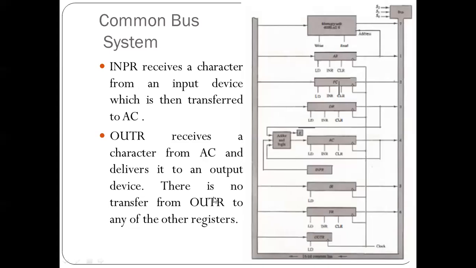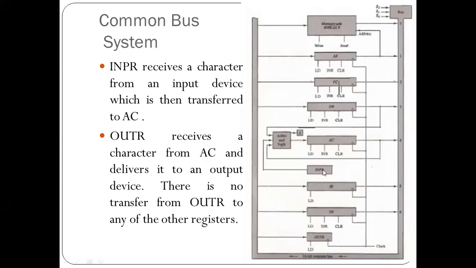So the transfer of data happens between the accumulator and either the input or output device only. There is no transfer from the output register to any other register except the accumulator. So the accumulator is the processor register involved in accessing either the input device or the output device.